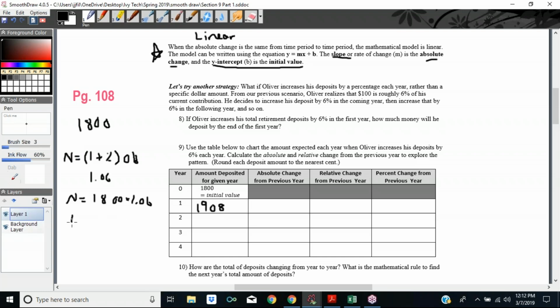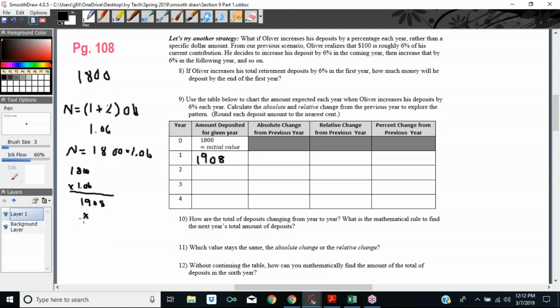So here's what we have. We have 1,800 times 1.06 is 1908. Now to get the next year, we're going to take 1908 times 1.06.